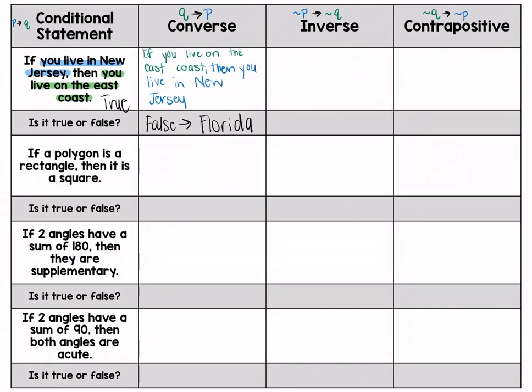Okay, so the inverse is if not P, then not Q. So if you don't live in New Jersey, so the P was if you live in New Jersey, so not P would be if you don't live in New Jersey.